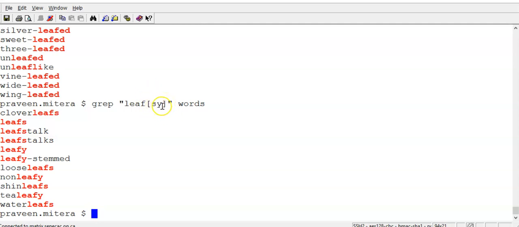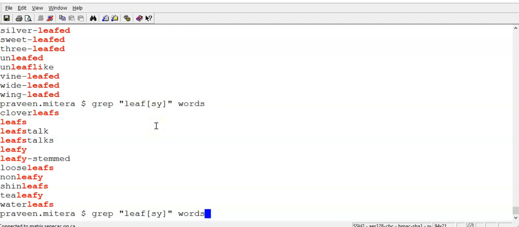Even though we're putting 2 characters here, those are just 2 choices that can be chosen after this pattern. So it can be LEAFS or it can be LEAFY. Nothing else is going to match. So think of this as a basket with two blocks. One block has S, one block has Y, and we can only pick up 1 block out of those 2 here. All right?